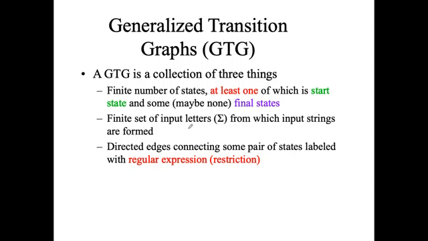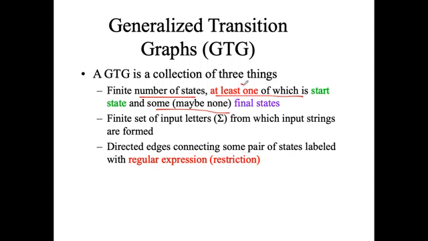In previous lecture we discussed GTG, or generalized transition graph, and this was the definition of GTG. When there are finite number of states, at least one is start state and some, maybe none, final states.